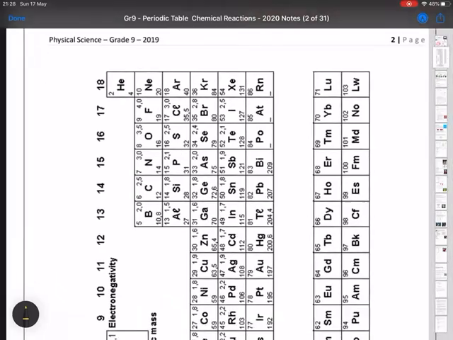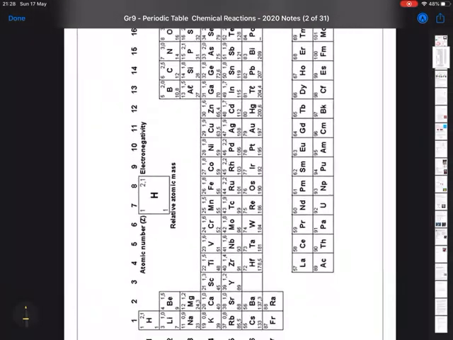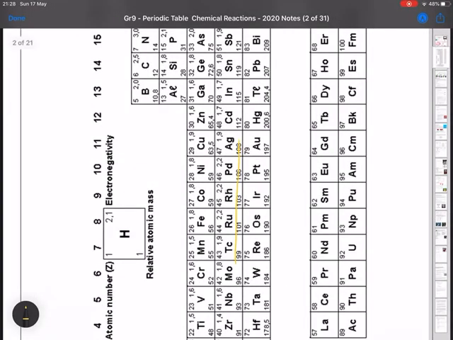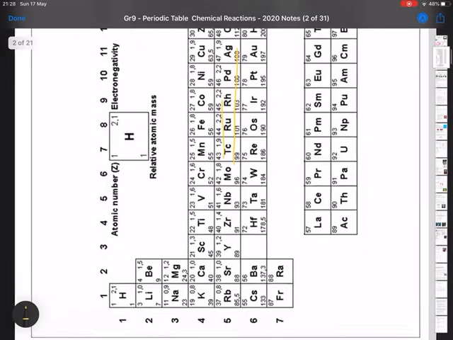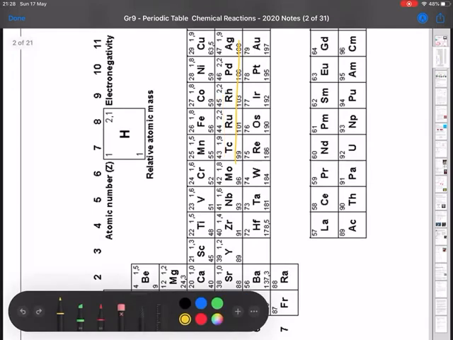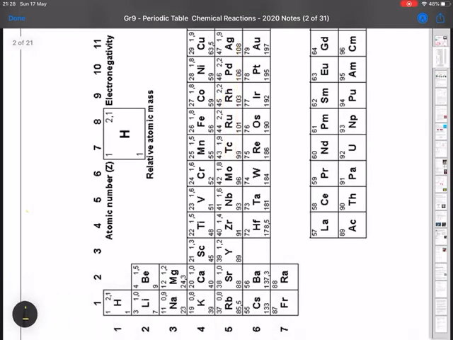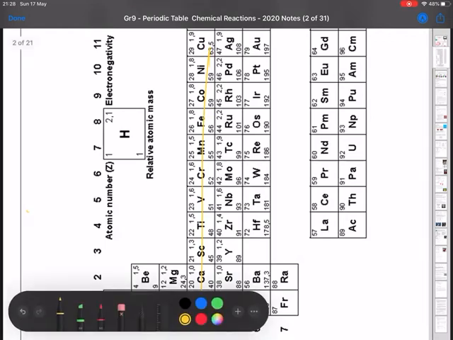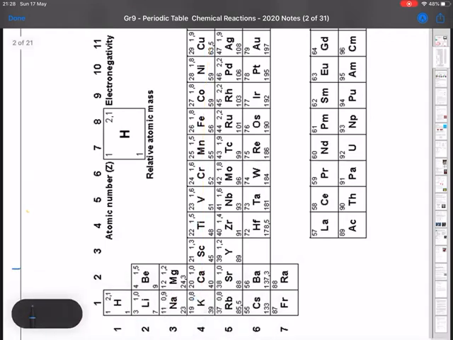Right, so some things to remember from last year. We talk about periods and groups. Periods go across. So if you want to write that going this way, let's do it in blue. A period goes from left to right in the periodic table, whereas a group goes up and down.